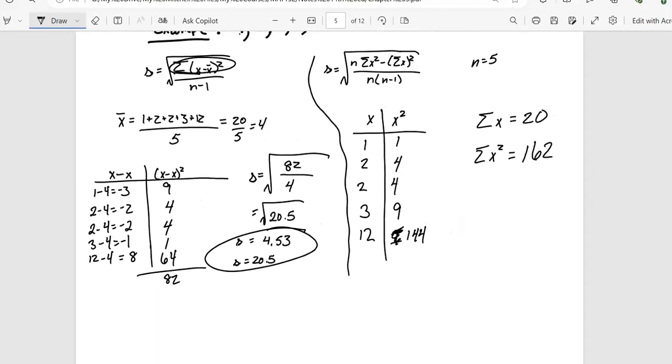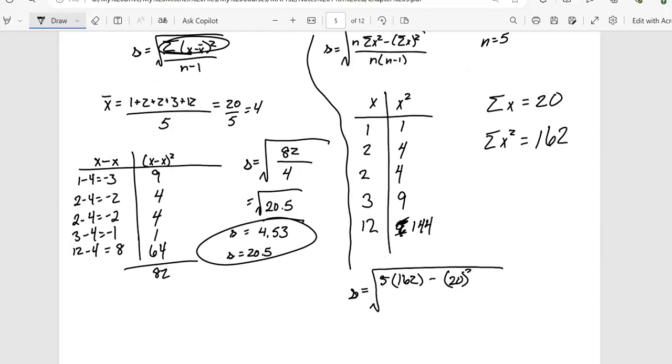So my formula, s, says I'm going to take the square root of n times the sum of the x squareds, which is the 162, minus the sum of the x's, which is 20, but I'm going to square that number.